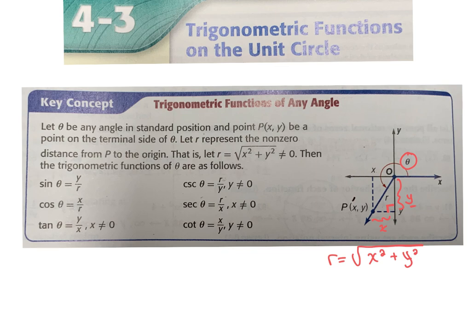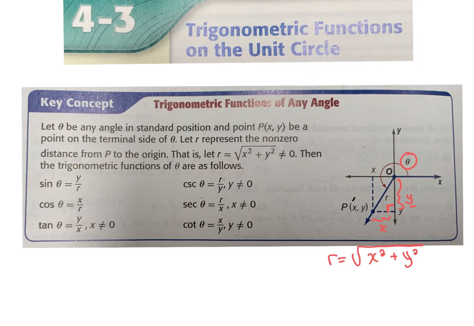So instead of thinking opposite and adjacent and hypotenuse, you're going to think x, y, and r now, okay? Y over r is your sine, x over r is your cosine, and y over x is your tangent, all right? So we move from just right angle trigonometry, SOHCAHTOA, to anything on the coordinate plane.